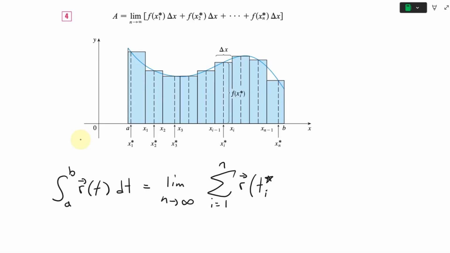It could be anywhere between t1 and t2; it doesn't need to be t1 or t2. Then times delta t.